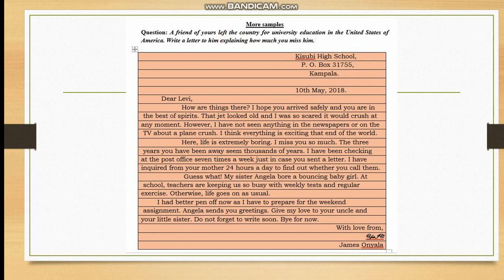Now we should be able to see that exactly, and you see the format is okay. There is a line skipped here, you have the date here, we have here the salutation, and then this person must explain whatever they go through to miss the person. And then down here they have to sign off with love from, and then they sign to ensure that the letter reaches the right person, and the person should have confidence that it is actually coming from a friend.